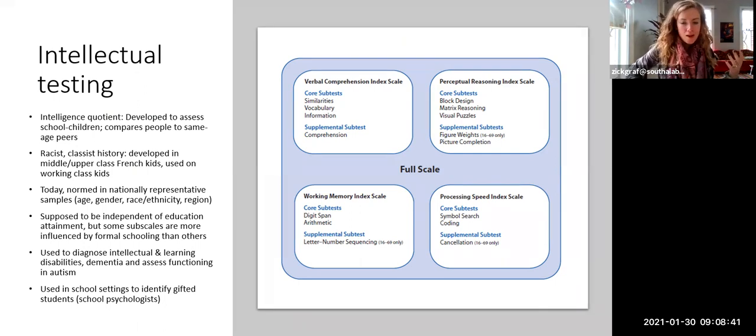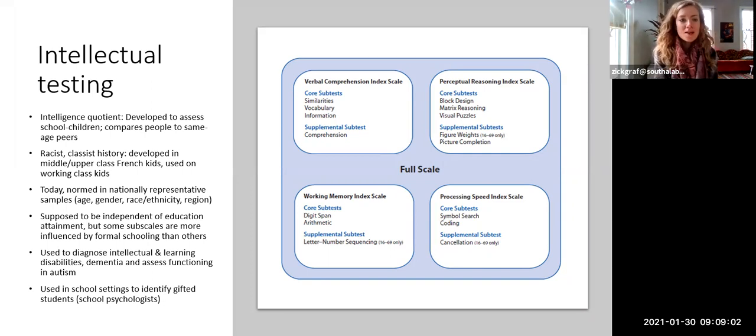When IQ testing was first developed, these tests were developed in samples of middle and upper class white kids in France. But then the test that was developed and normed on this one very specific group of the French population was used to assess and judge the rest of the population.